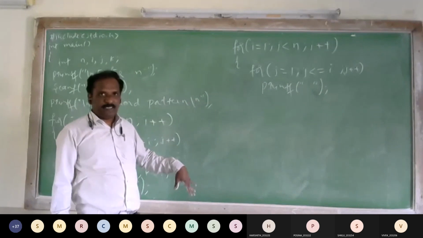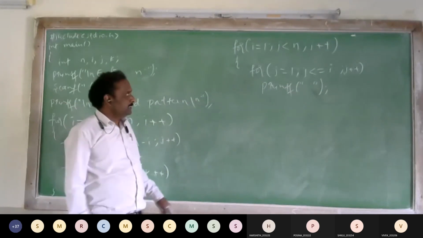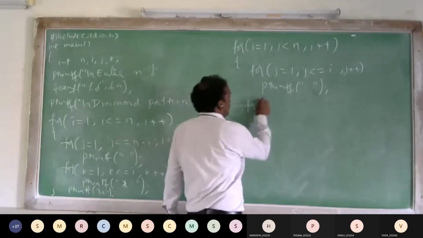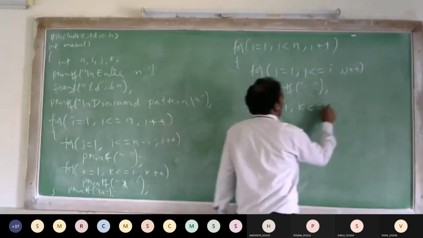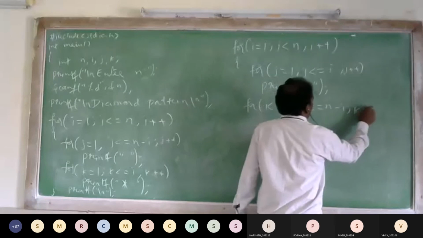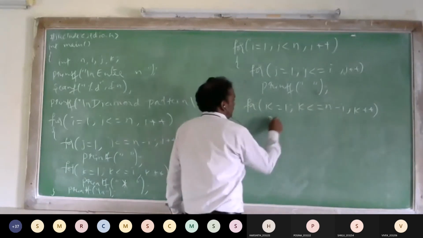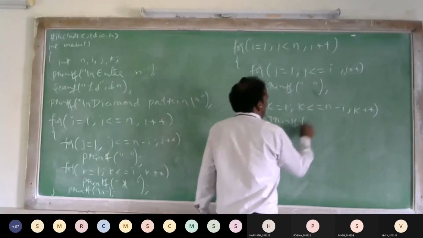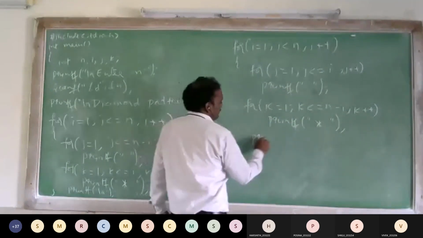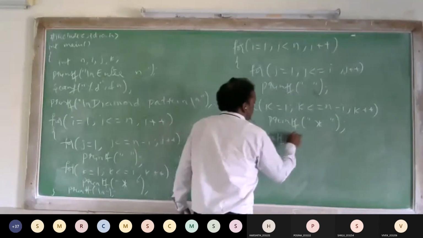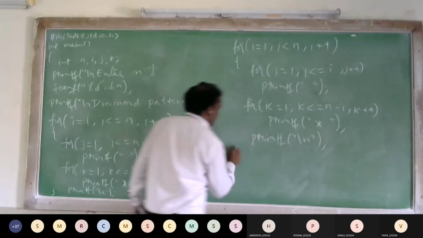Now, how many stars we need to print? n minus i. For k is equal to 1, k less than or equal to n minus i, k plus plus. Print a star. So, after printing each row, you come to the next line by using the slash n.